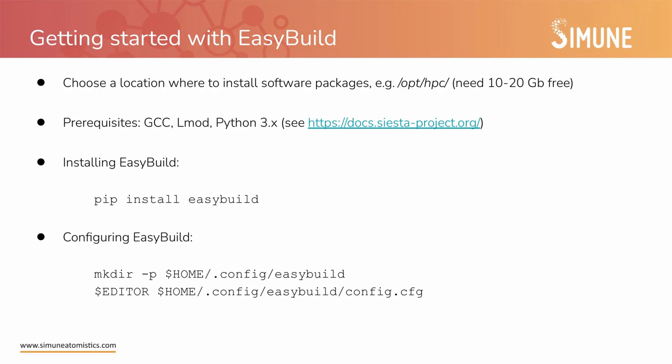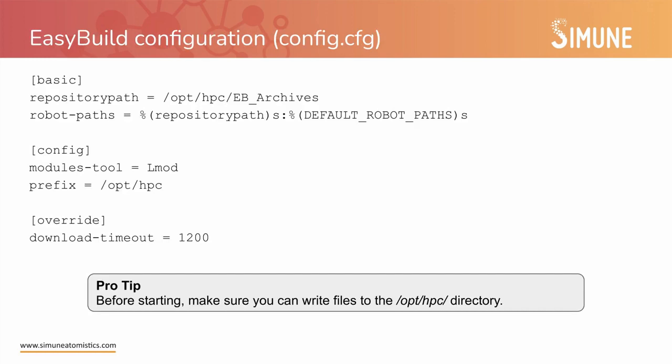Then what do you put inside? The following sections. There is a section called basic, where you tell EasyBuild where to put repositories and so on. Here we will suppose that you want to install everything in /opt/HPC on your computer. Then the configuration tells EasyBuild to use Lmod to manage the modules and to use the /opt/HPC prefix to install the software.